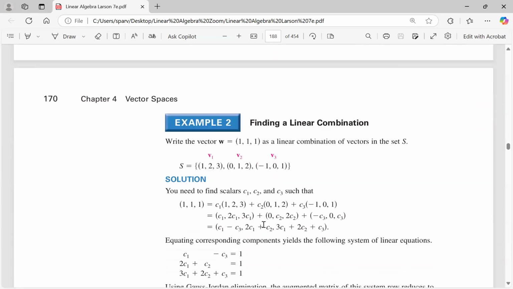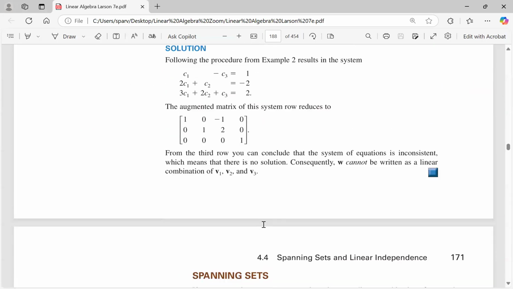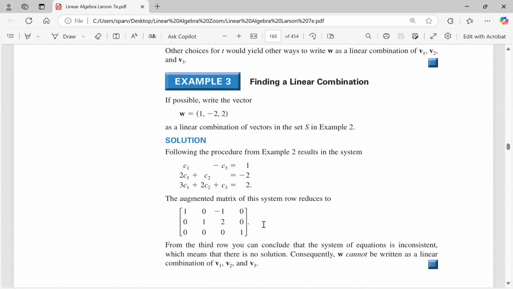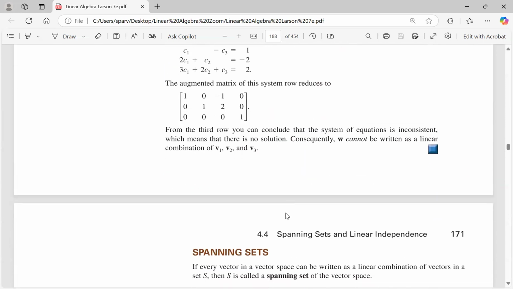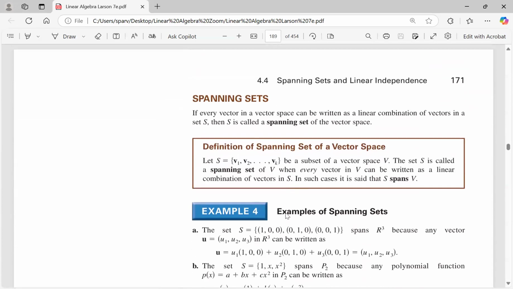Let's take a look at the next idea. We did do our own examples where we had to find linear combinations. This is just a brief review of the work we've done. If you need more review, please watch the previous lecture, lecture number 7, I believe.